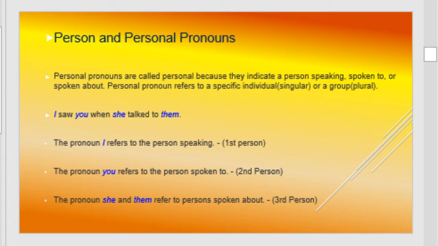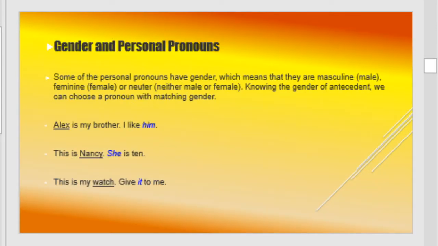Okay? So we have the example sentences. I, first person. You, second person. She talked to them. That is third person. Understood? Now, let's have the gender and personal pronoun.